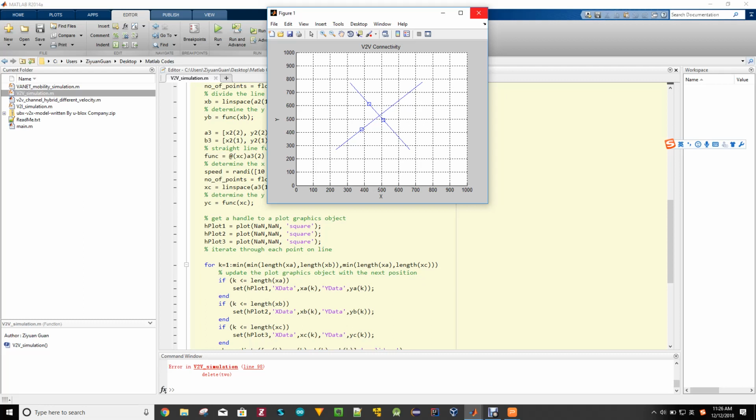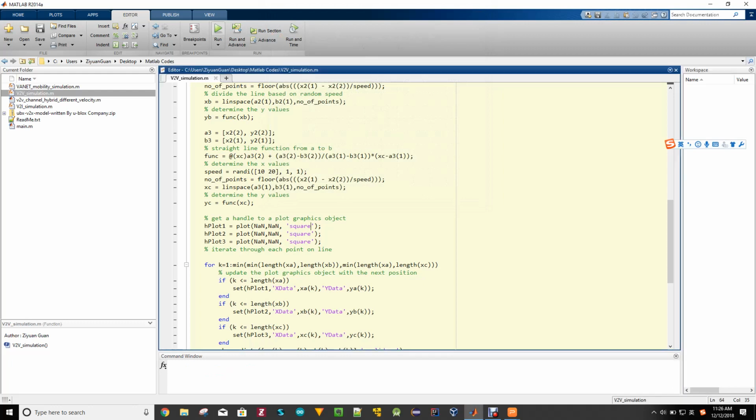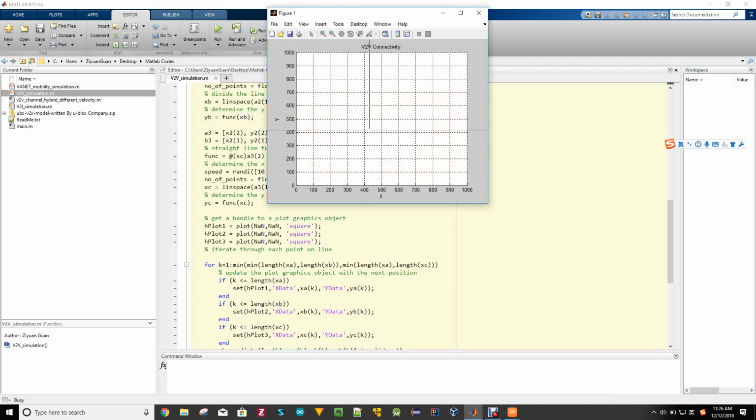Actually, if this vehicle could run a little bit faster, they could communicate with each other one by one. So we're going to try again here. We can see here, we got more communications one by one. So there are multiple communications between vehicles.